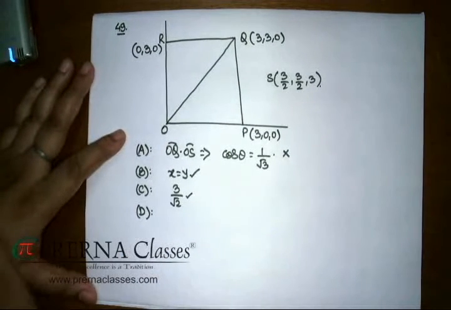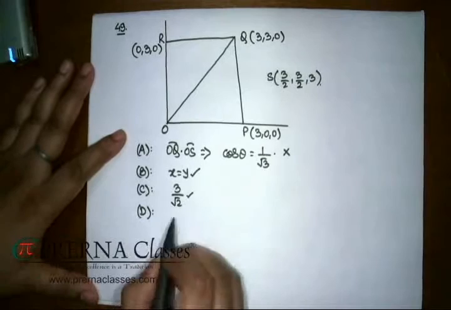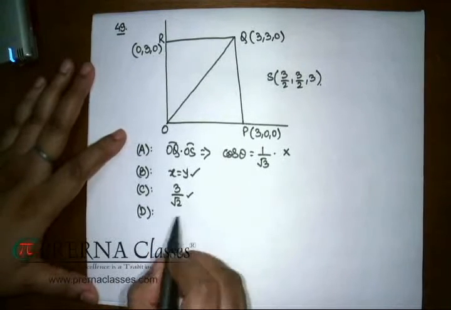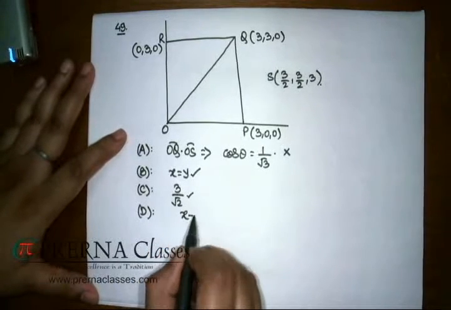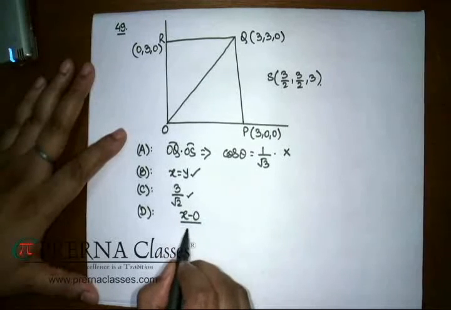In case of option D, you are looking at the perpendicular distance of the origin from line RS. I can write it in this way.